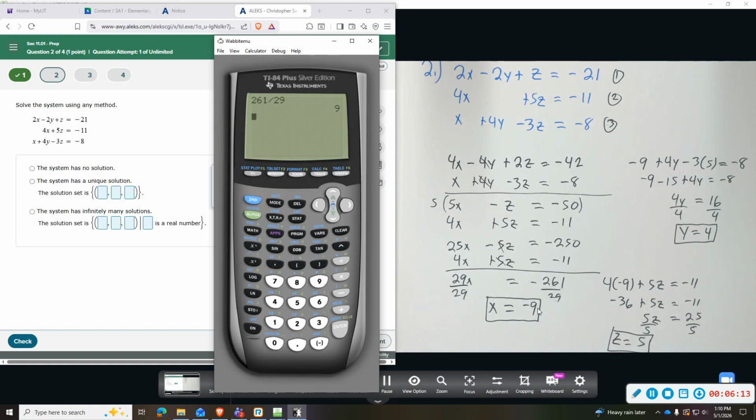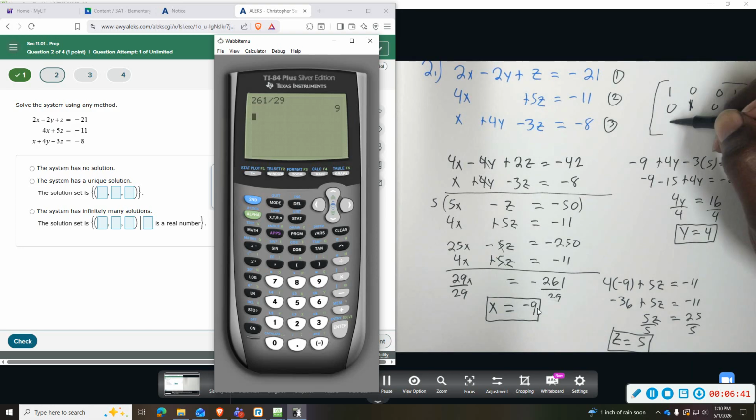I'm going to also do this in the matrix again. We're going to be going toward the matrix. I want to show you how to do it. If these answers are correct, whenever I plug this into the matrix and the answer comes out, we're going to get 1s down the diagonal. And then over here you'll have your answers. So 1, 0, 0, it'll be 0, 1, 0, and 0, 0, 1.